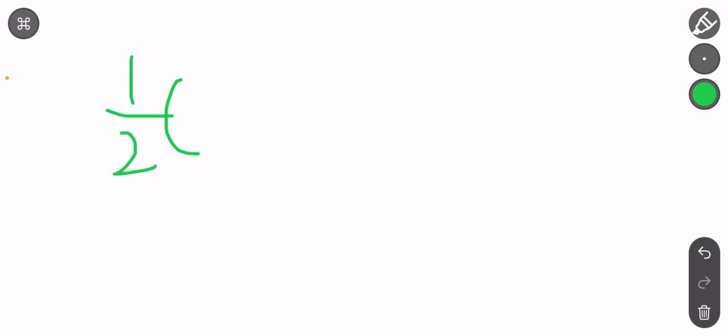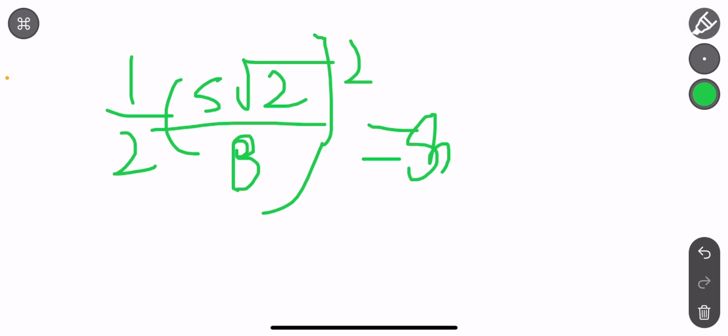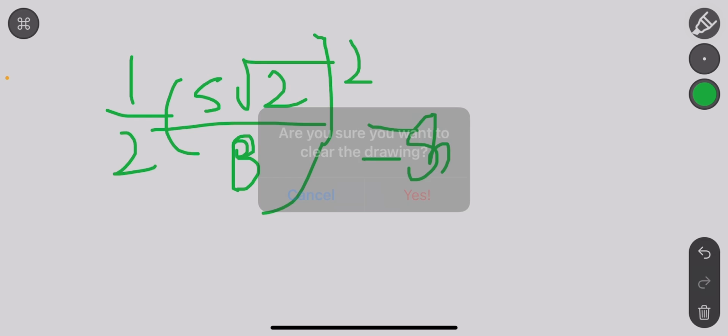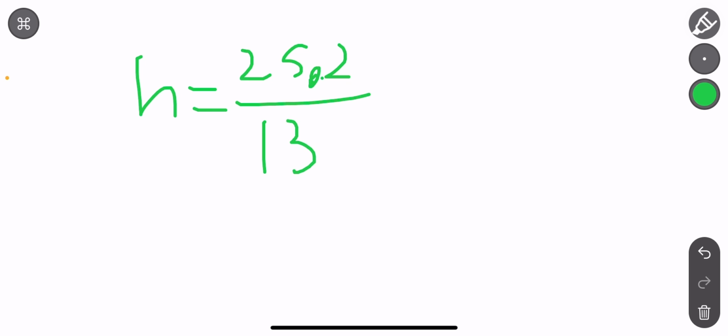Now we'll work with this: 1/2 (MA plus MB) V squared is going to equal (MA plus MB) gh. Now, if we were to work out the problem now, H is equal to 25.2 over 30, this is 0.2 over 13 squared, times 2, by the way.